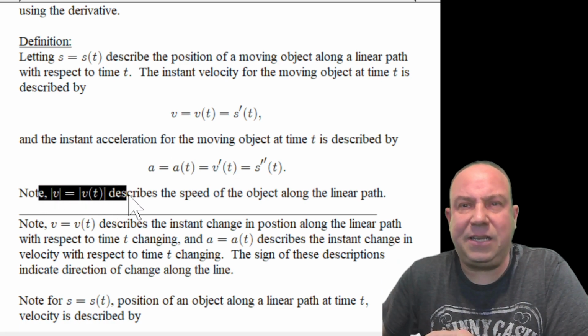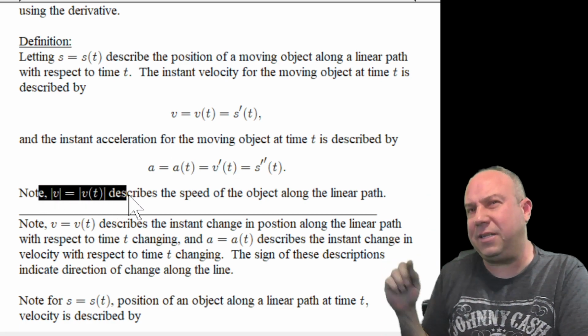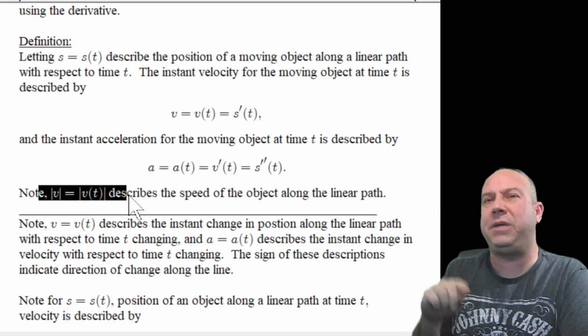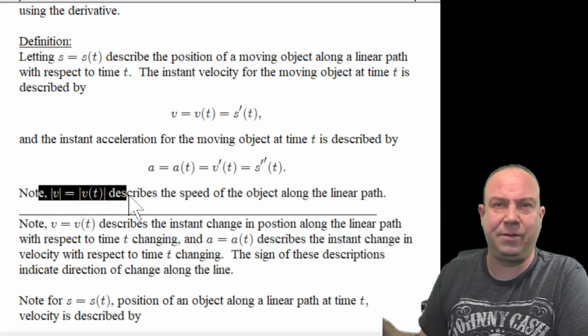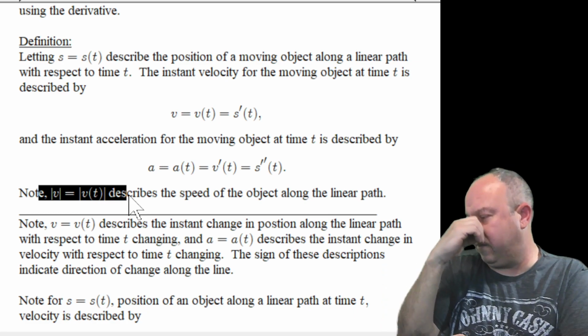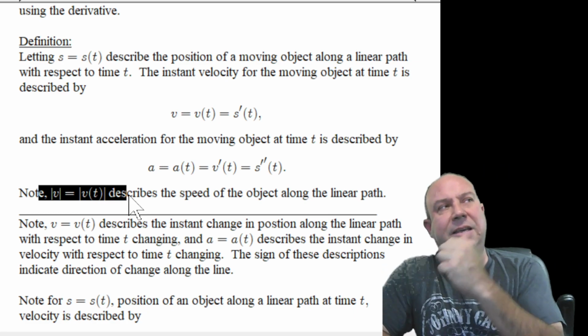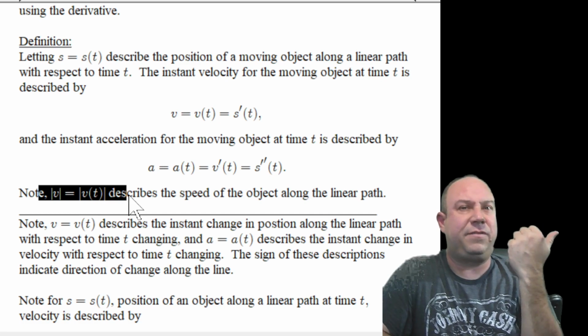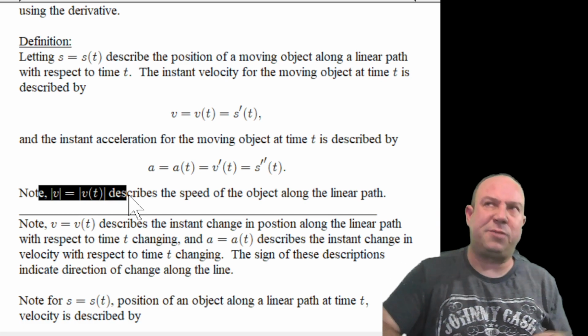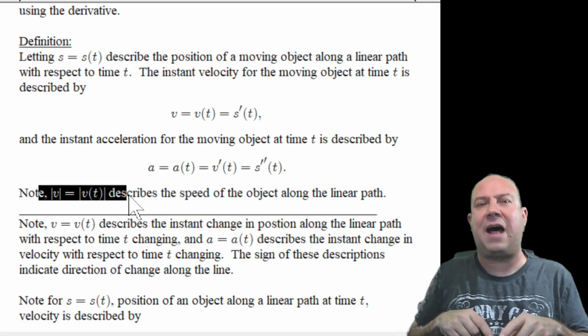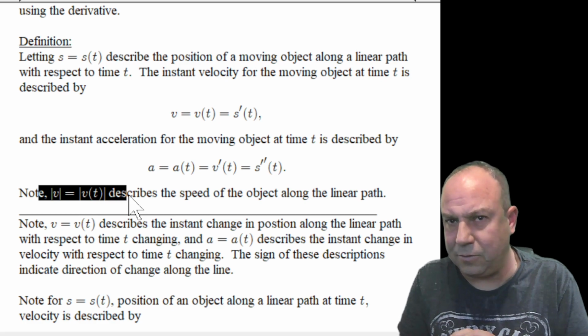Magnitude of velocity is always a description of speed. Velocity itself is actually a description of speed and direction. Being that it can be negative, it's describing heading in the negative direction towards negative infinity at a particular speed, which is given by the absolute value of that negative value.